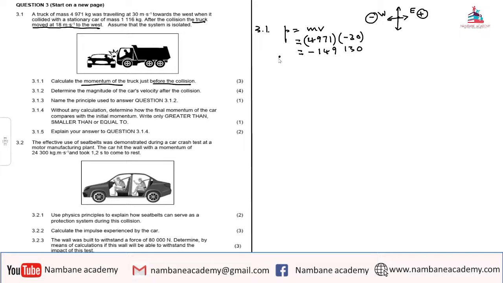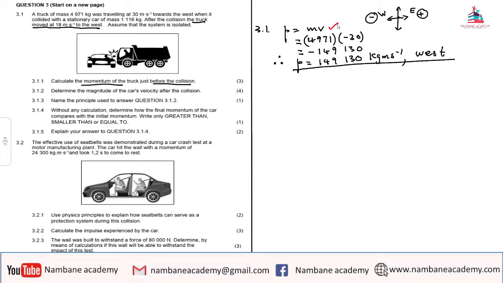So we must now say, therefore, P is equal to 149130 kg meters per second, but in which direction? Towards the west. That is where my mark is sitting.